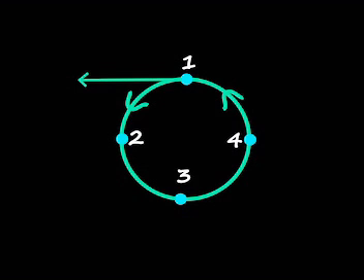If the particle is at position 2, then its linear velocity is along the tangent and in the downward direction. Similarly, at the third position it is towards the right, and at the fourth position it is in the upward direction.